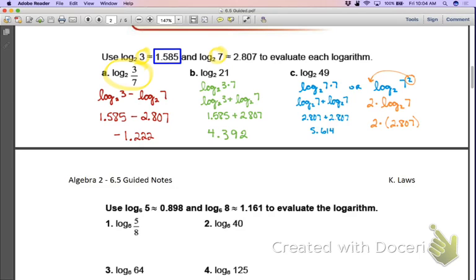Believe it or not, it's going to be the same exact value of 5.614. You can either do it the orange way or you can do it the blue way. They're both going to give you the same answer. But you have either option. We didn't use the log base 2 of 3. That's okay. There may be times whenever you're doing it this way that you may not use a certain value.